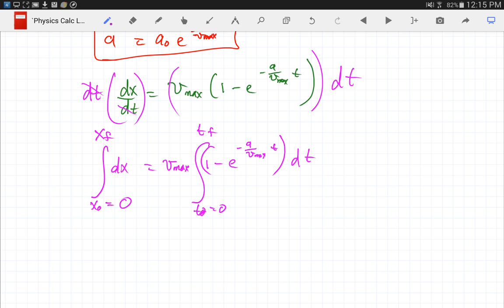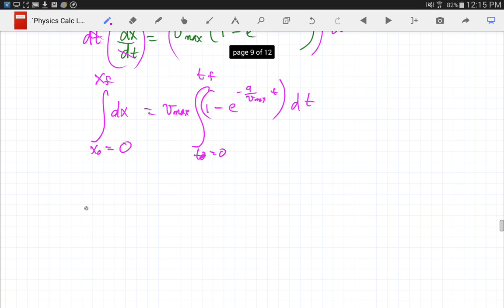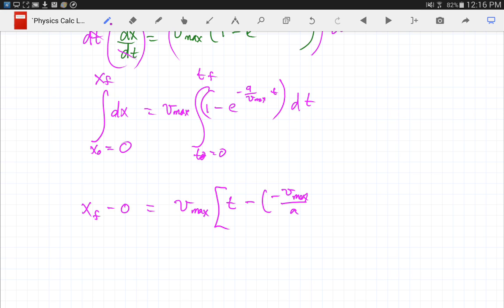So the integral of 1 dt is just t. The integral of e to the minus a over Vmax t is going to be divide by the derivative of the exponent, and then I put in my limits.